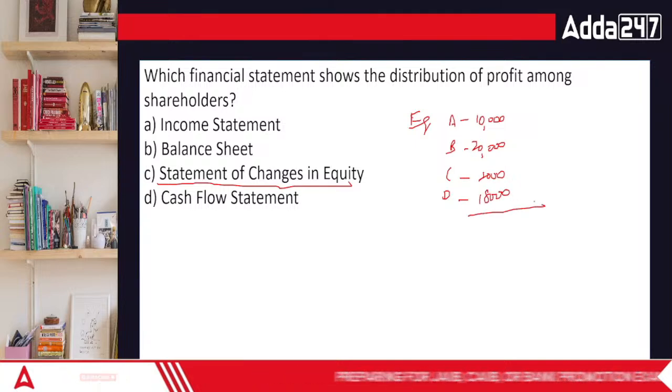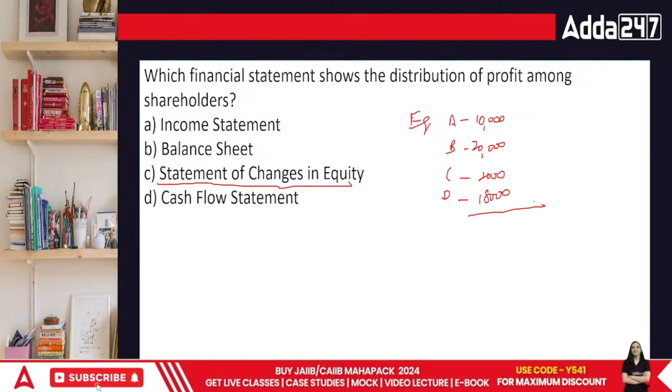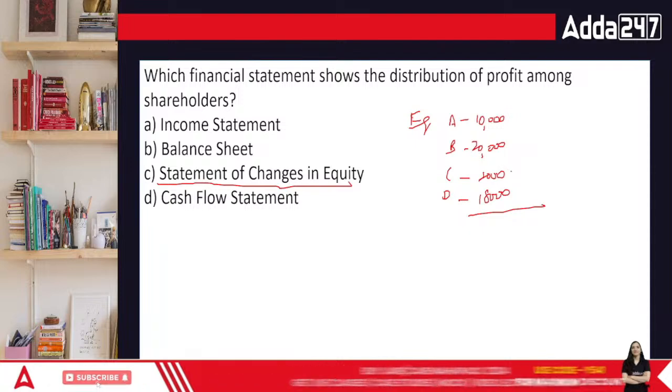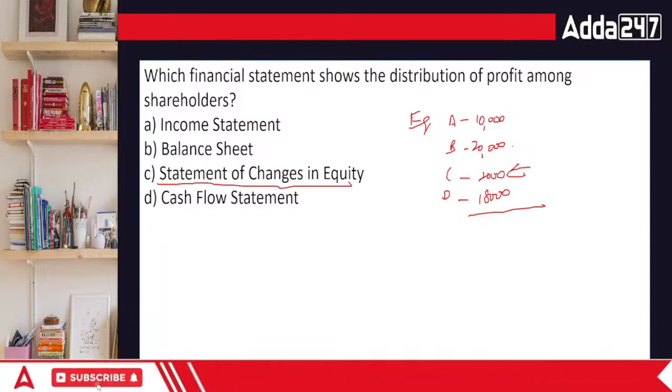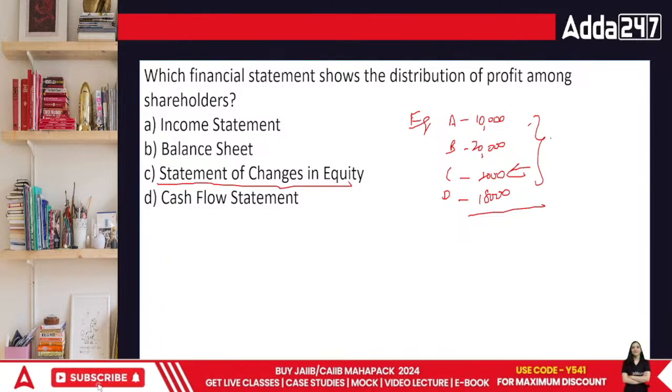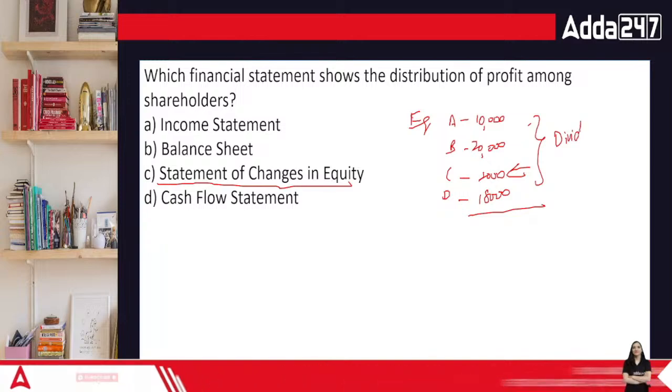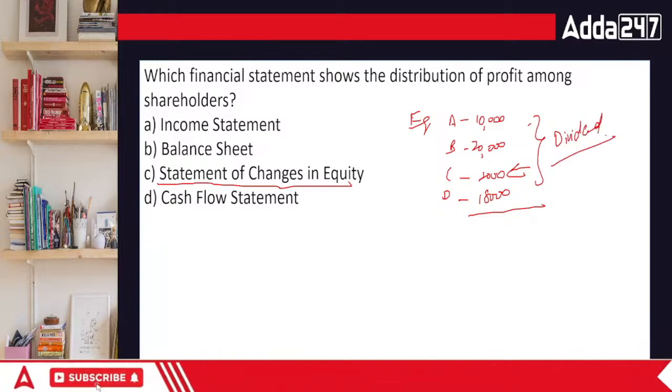So this is the total number of shares of the entire organization. Now, if this person gets more shares from anybody else or the company issues more shares to him, in this case the distribution of the profit will vary, because the dividend will vary as the holding of the shares would vary.